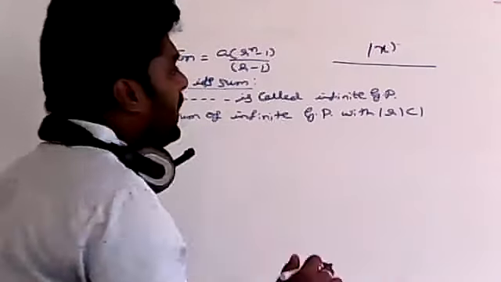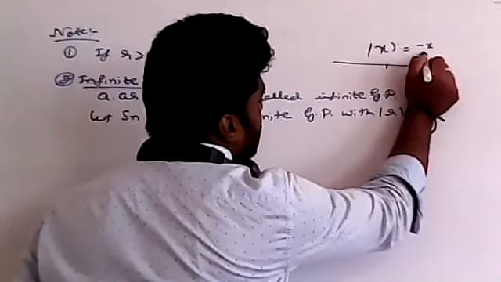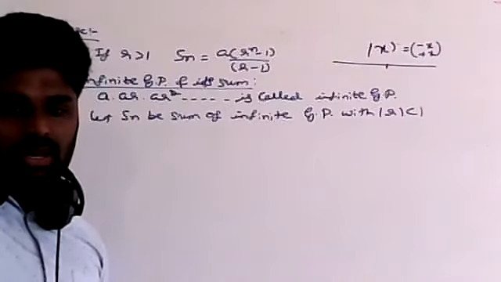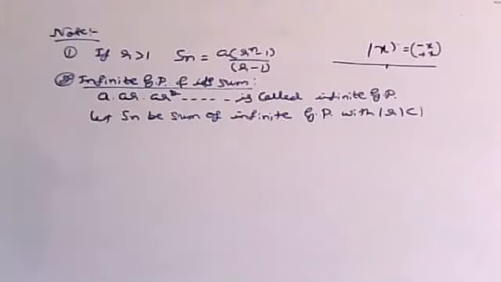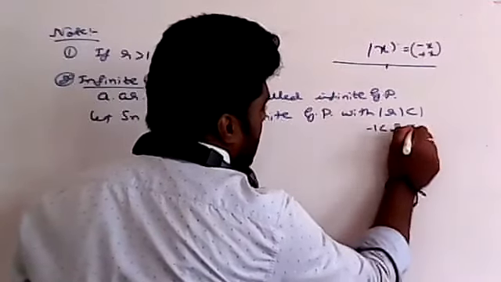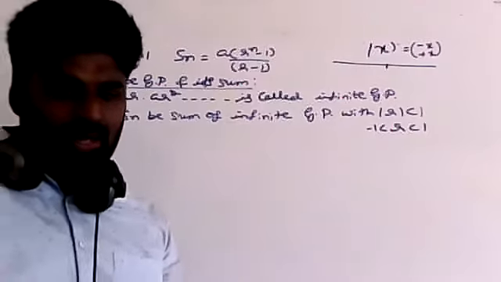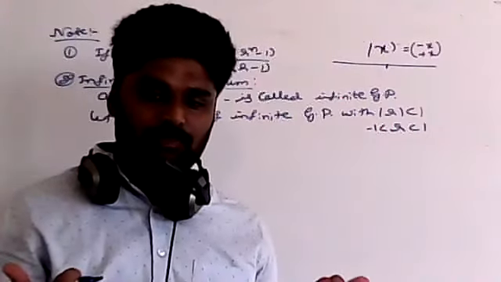Mod x means it contains both minus x as well as plus x. Correct or not? It contains the negative x-axis and also the positive x-axis. So it means r is between minus 1 and 1, we can write here. Clear what I'm telling? Actually mod r means minus r and plus r.